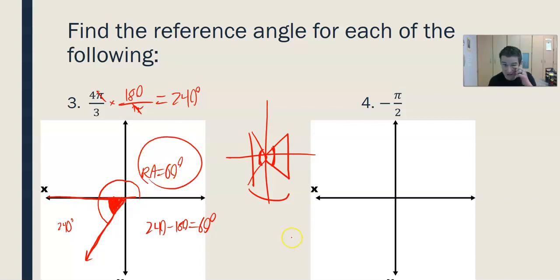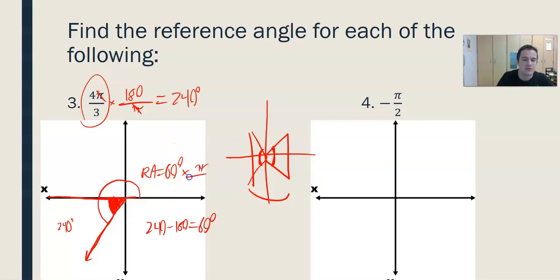So my final answer? Well, it would be if I was given an angle that was in degrees, but I'm given an angle that's in radians. So I need to convert 60 degrees back to radians. 60 degrees times pi divided by 180, that's my conversion.